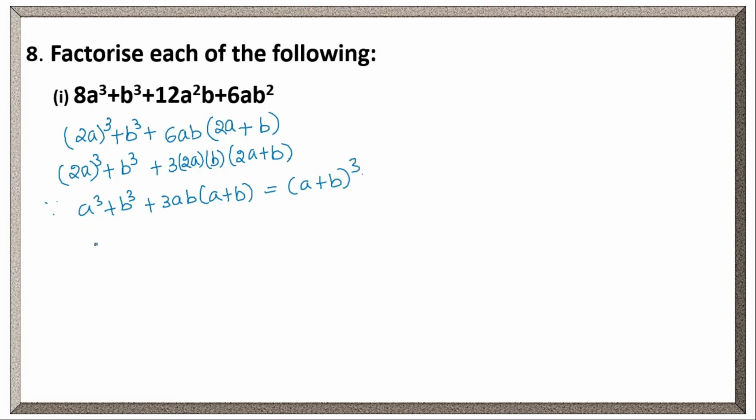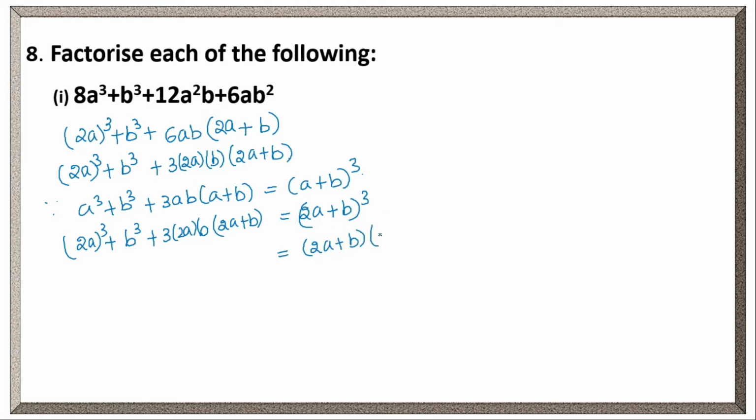So here we have in the given question is in this form. So we have to write in this form. In the place of a we have 2a. (2a) whole cube plus b cube plus 3 into 2a into b into (2a plus b) is equal to (2a plus b) whole cube, right? So which can be written as (2a plus b) into 3 times.